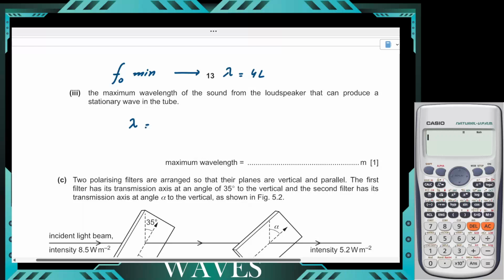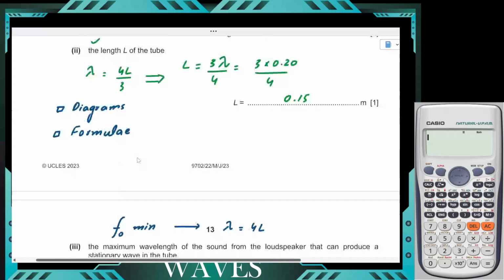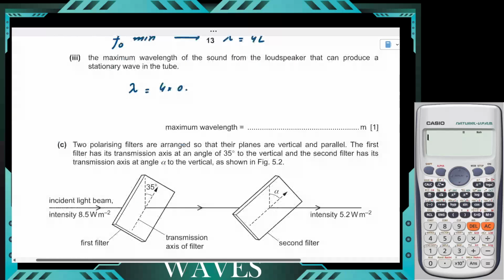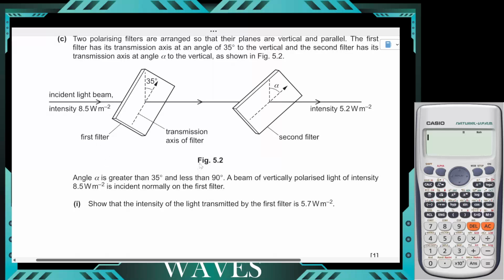So lambda equals 4 times the length of the tube, how much was that? 0.15. Twice of 0.15 would be 0.3, and then 0.60.